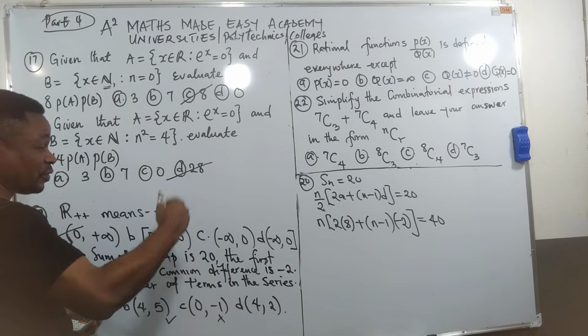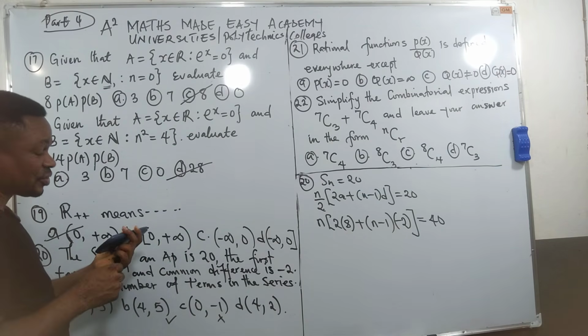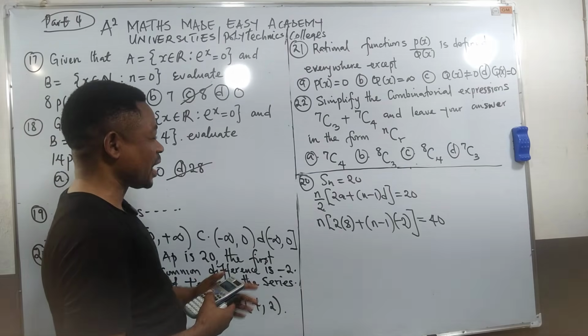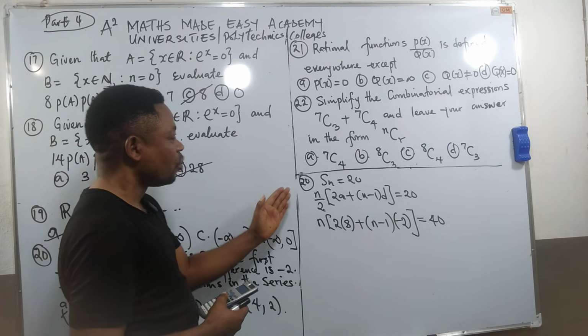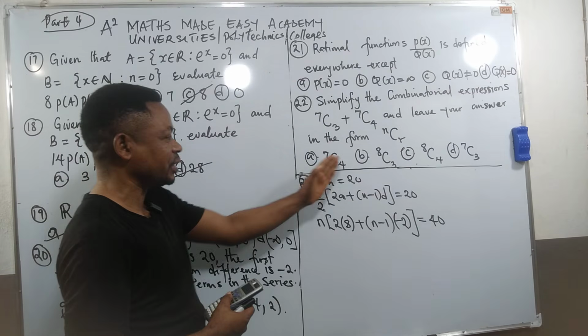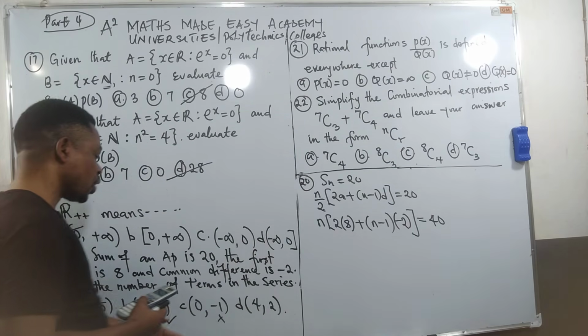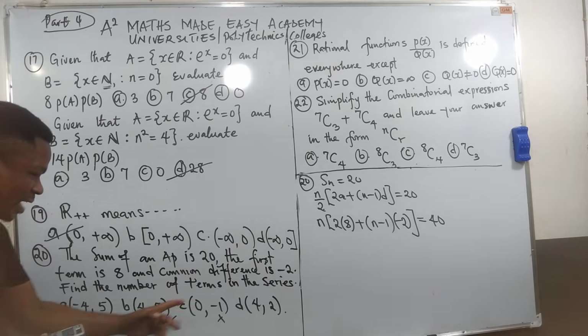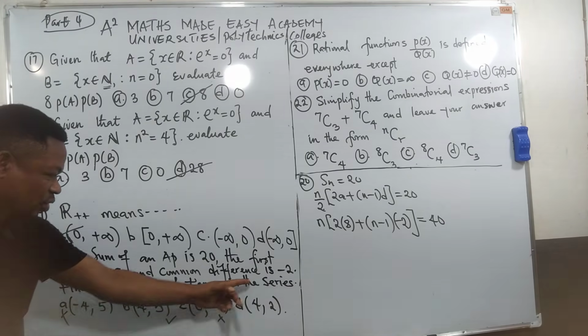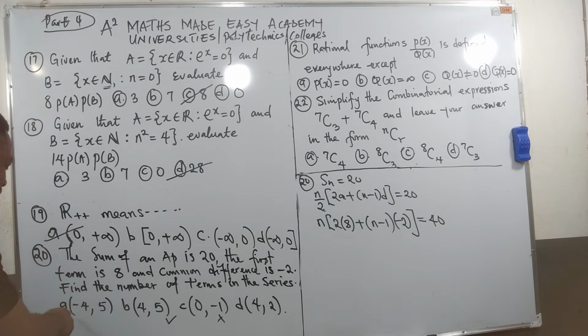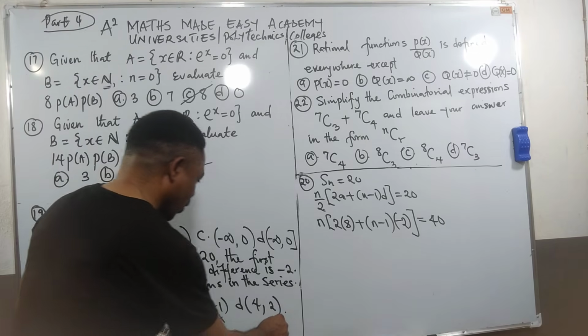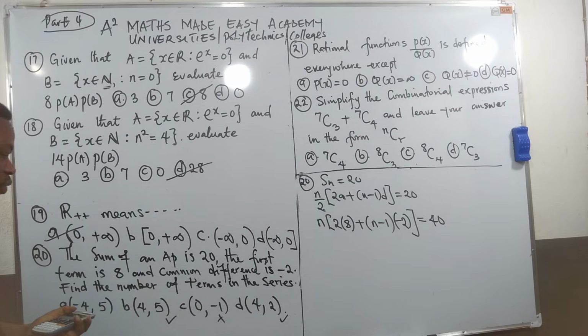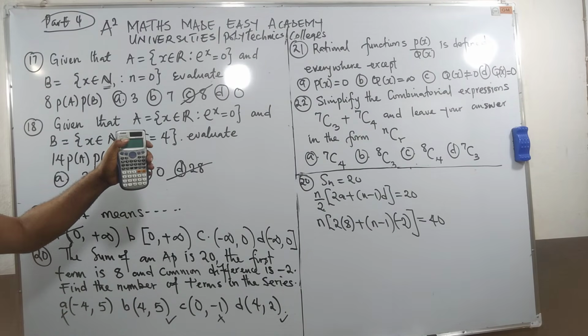If they ask you to calculate the number of terms, you can't say minus 1; you can say 1 term, 2 terms, 3 terms, 4 terms continuously. So anyone that gives a negative answer for the number of terms, please neglect it. It can be option B, it can be option C, but let us use the trial and error method with the calculator.